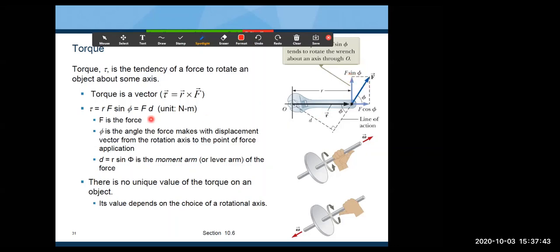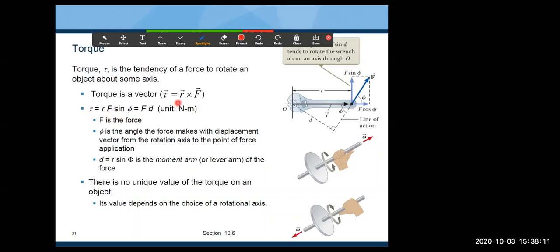Here, you will see the torque, which is the measurement of the contribution to turning effect. It is proportional to r, F, and sine phi. And in the vector operation, we give a certain name to this type of calculation.